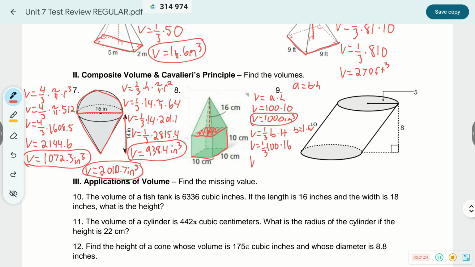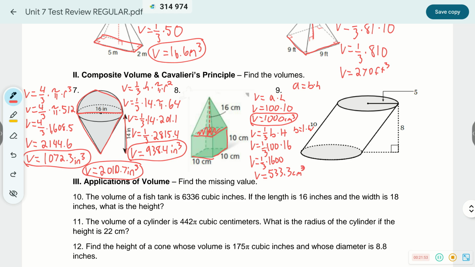We have volume equals 1/3 times 1,600, right? And then divide that by 3, or multiply it by 1/3. Volume equals 533.3 centimeters cubed.